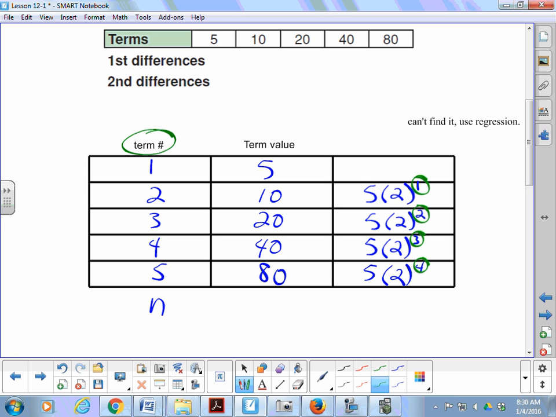So it's 1 less. So this is going to be then 5 times 2 to what power? Okay. No, not the fifth, because I'm doing the nth term, so it would be n minus 1. So my rule for this is a sub n equals 5 times 2 to the n minus 1 power. So I just wrote the explicit rule for it. Okay.